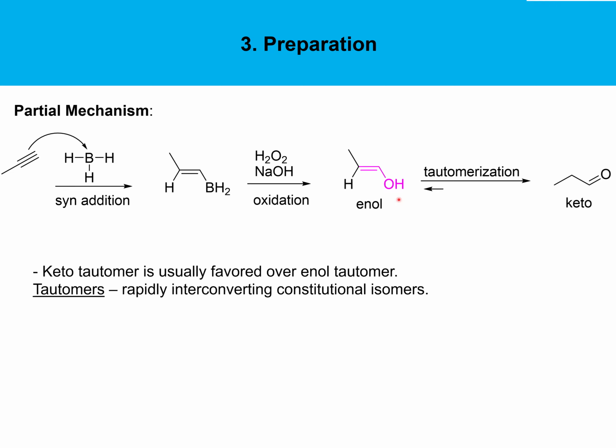But enols are always in equilibrium with a carbonyl. They're called tautomers of each other, and they undergo a tautomerization. The way you can think about enols and keto forms is that these are rapidly interconverting constitutional isomers.